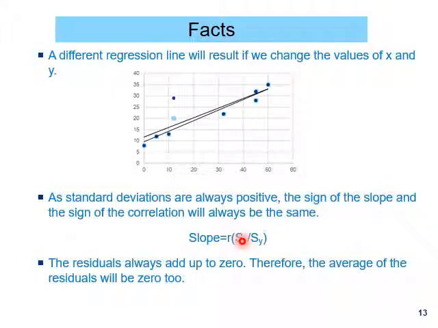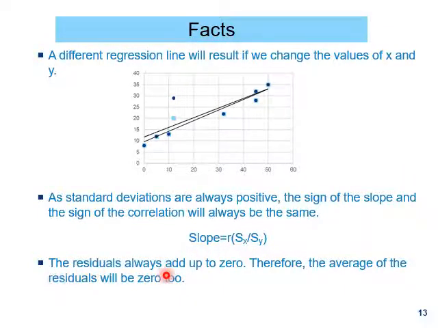We learned about this in the last chapter. So the sign of the slope and the sign of the correlation will always be the same. If you see that the correlation is negative, then your slope will be a negative value.